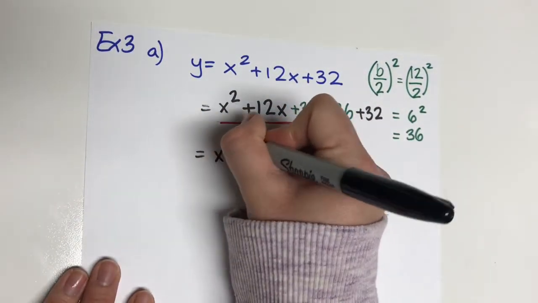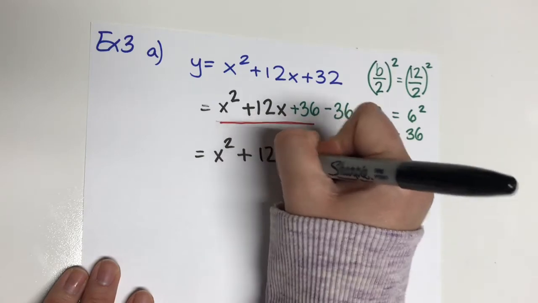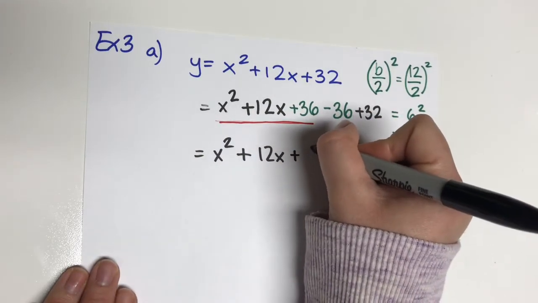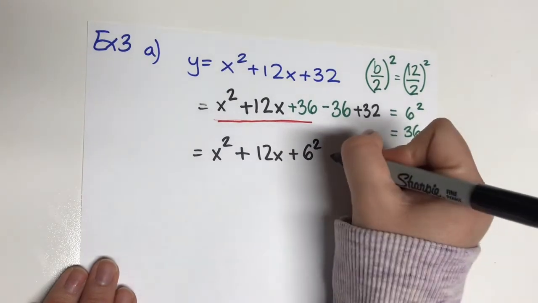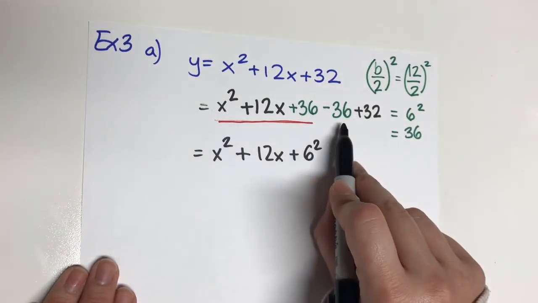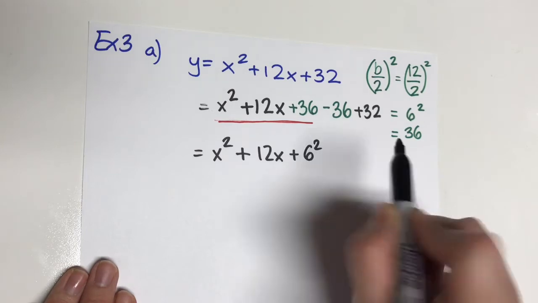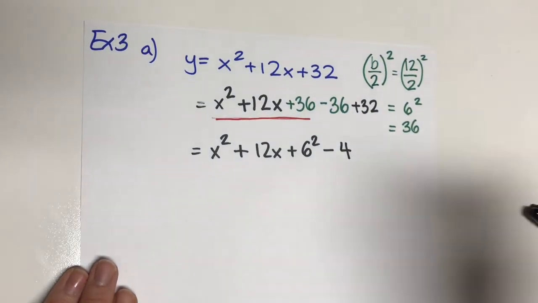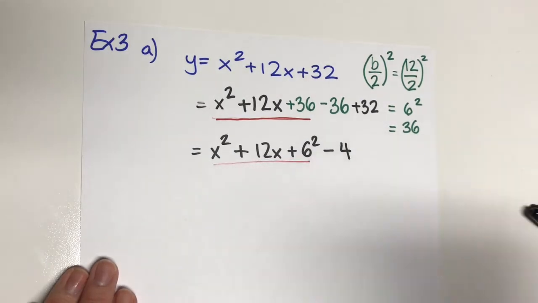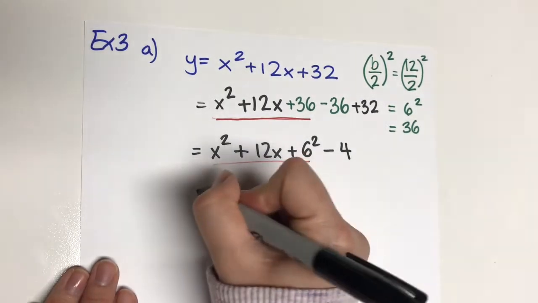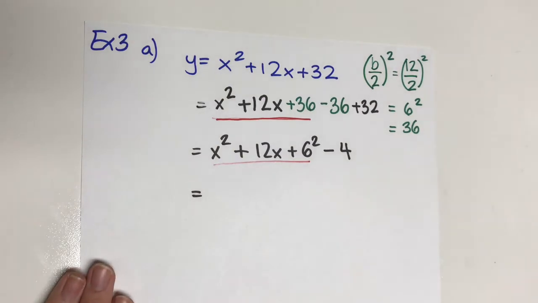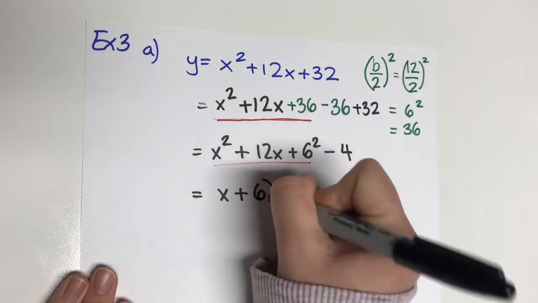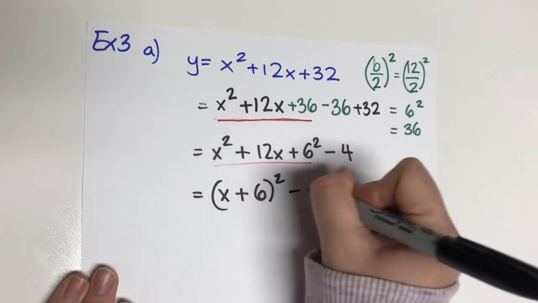So this is x squared plus 12x, plus 36, written as a square, as a power, is 6 squared. And then I can simplify this part: negative 36 plus 32 is negative 4. So I can factor this part, and keeping in mind factoring perfect square trinomials, it gives me (x plus 6) squared minus 4.